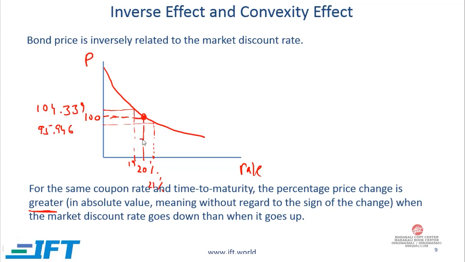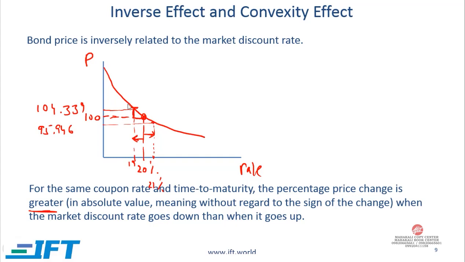When the market rate goes down by 1%, the price goes up by 4.339%. But when the market rate increases by 1%, then the price falls by only 4.05%.